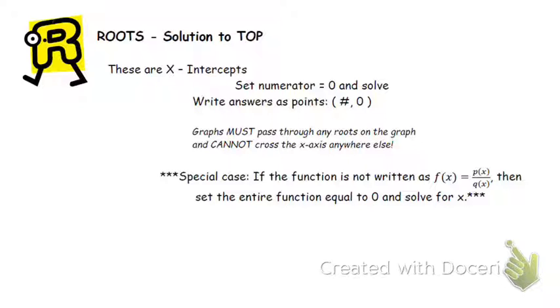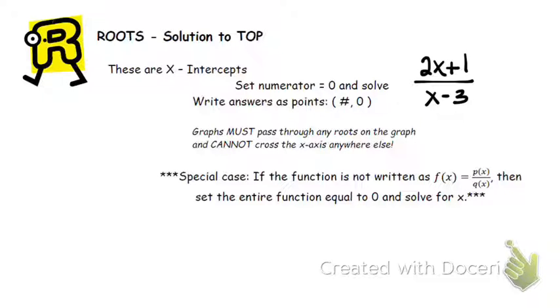Now, there is a special case that we'll talk about, and that's when it's not just a single fraction. If it's not just a single fraction, then we have to set it equal to 0. So I'm going to give you an example of what I mean. So if you see something where, for example, 2x plus 1 over x minus 3, okay?